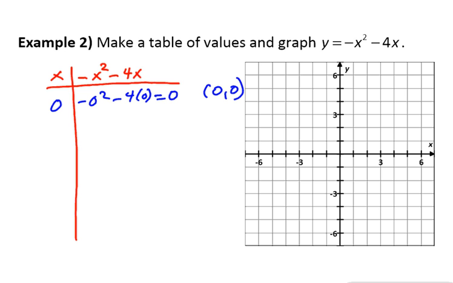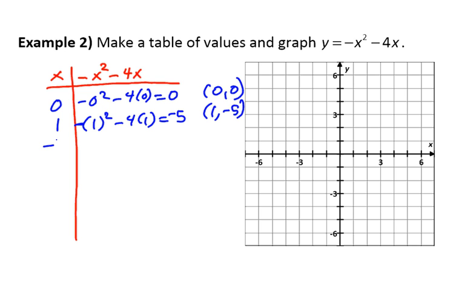So let's try now with a 1. When I put a 1 in, I have the minus sign, and then in place of this, I have minus 1, and the 1 itself is squared, minus 4 times 1. So this is going to be a negative 1 minus 4, which is negative 5. So I get the point 1, negative 5.